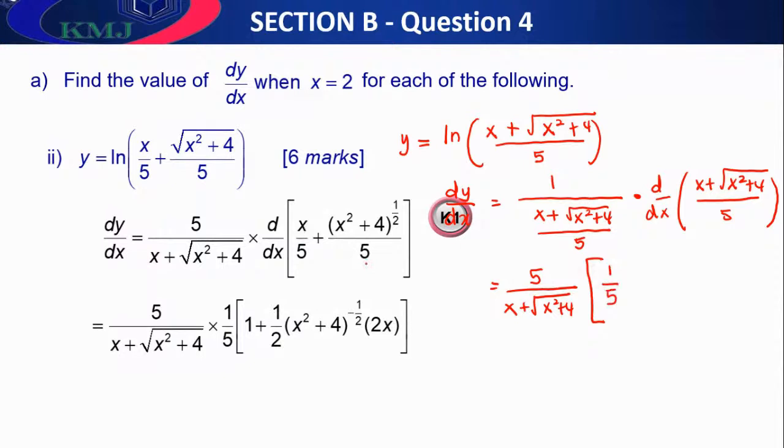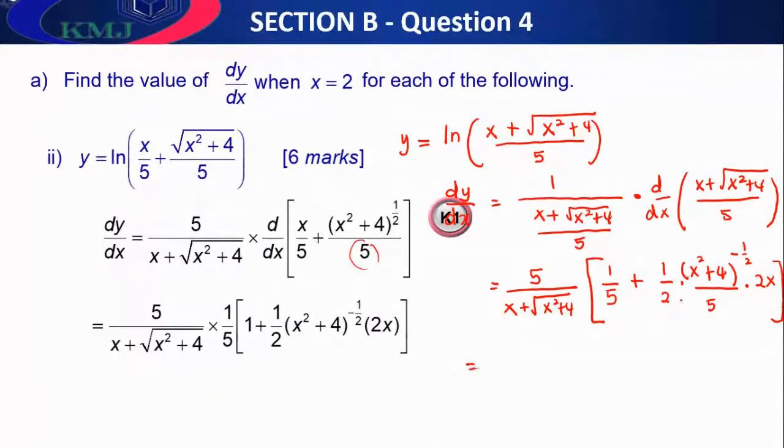Differentiate √(x² + 4) over 5, you will get plus, you can bring 1/2 to the front, and then (x² + 4), 1/2 minus 1 you will get minus 1/2, over 5 here. And then times the derivative inside the bracket. So differentiate x² + 4, you will get 2x.